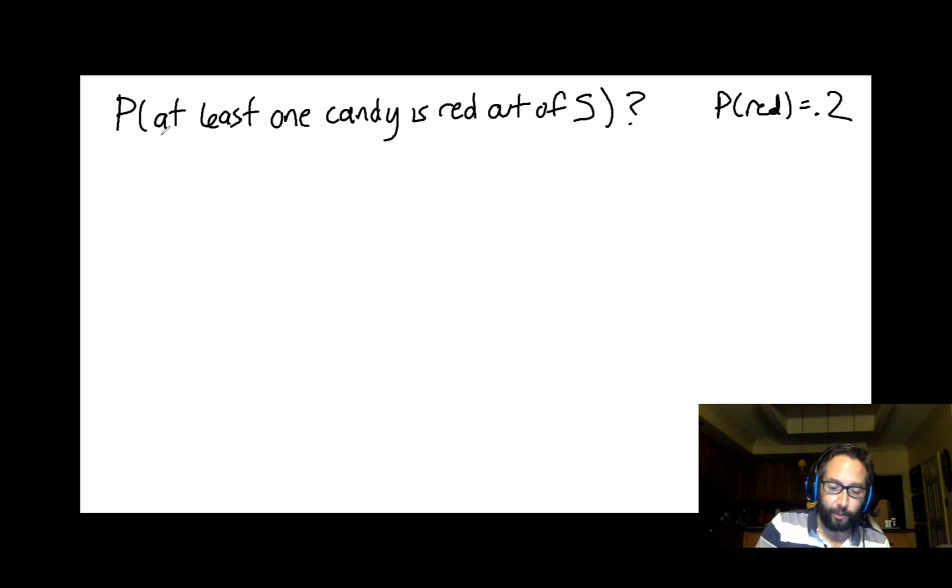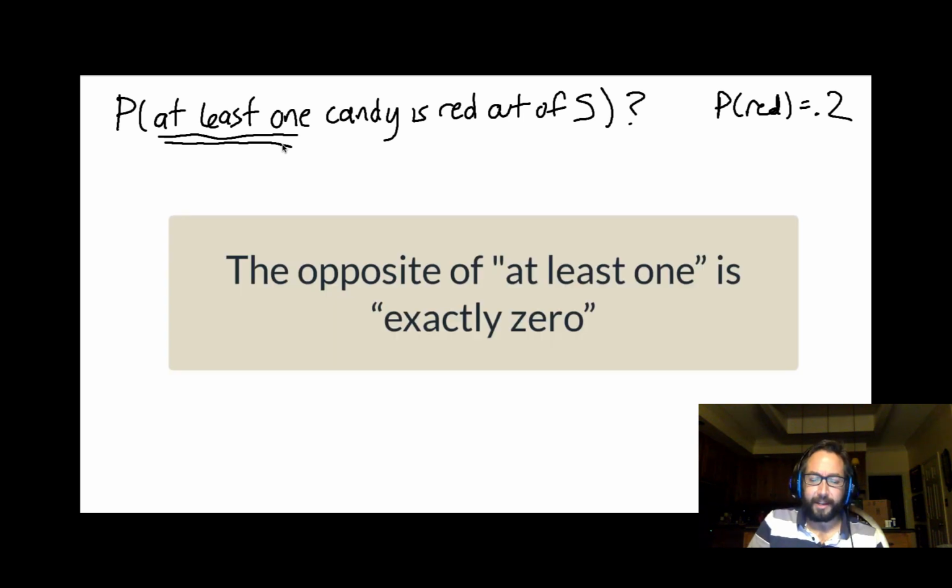Almost always whenever I see the key phrase "at least one," that says you're going to want to use the complement rule, because "at least one" is a notoriously difficult quantity to calculate. Having at least 1 candy be red out of 5 means that there's exactly 1, or exactly 2, or exactly 3, or exactly 4, or exactly 5. That's a lot of different events to calculate the probability of.